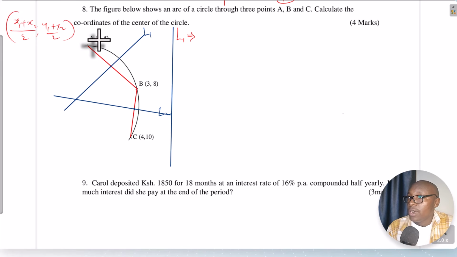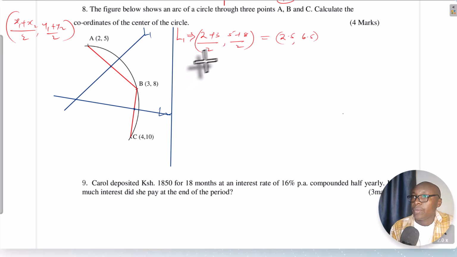So x1 is 2 plus x2 which is 3, divided by 2. Then y1 is 5 plus y2 which is 8, divided by 2. So this one will give 5 divided by 2, that will be 2.5. This is 13 divided by 2, that will be 6.5. So that is the midpoint.